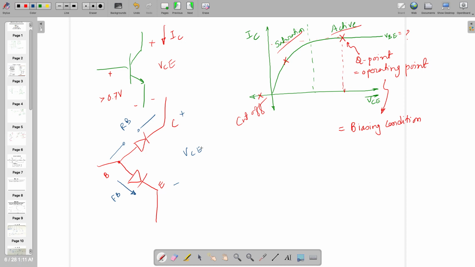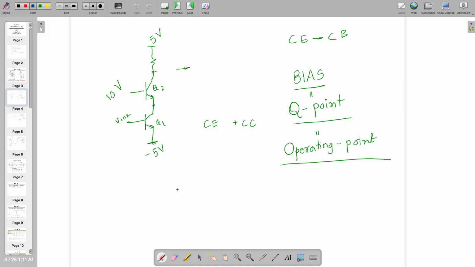This is the amplification rule; when this happens, you are in the active region. Maybe some other day we can talk about this, because this is not part of our course. So this is how it works. If this junction is forward biased and this junction is reverse biased, then you are in active mode of operation, or you have biased your transistor in active mode.